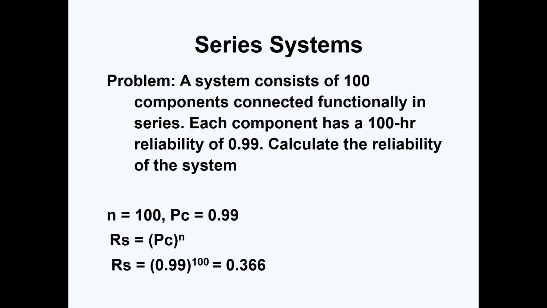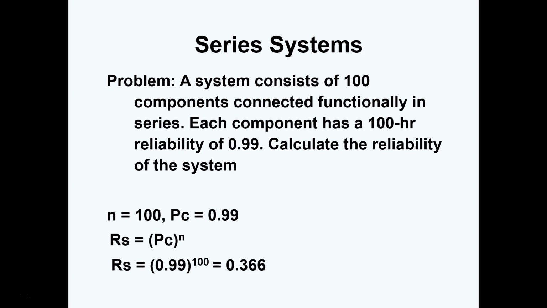If a system consists of 100 components connected functionally in series, each component has a 100-hour reliability of 0.99. So in this example, we have 100 components. Each one has a reliability of 0.99. They are all similar and have the same reliability. Calculate the reliability of the system.